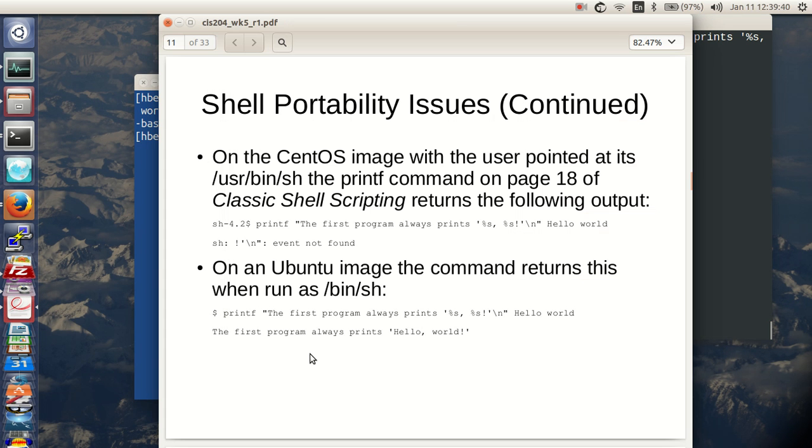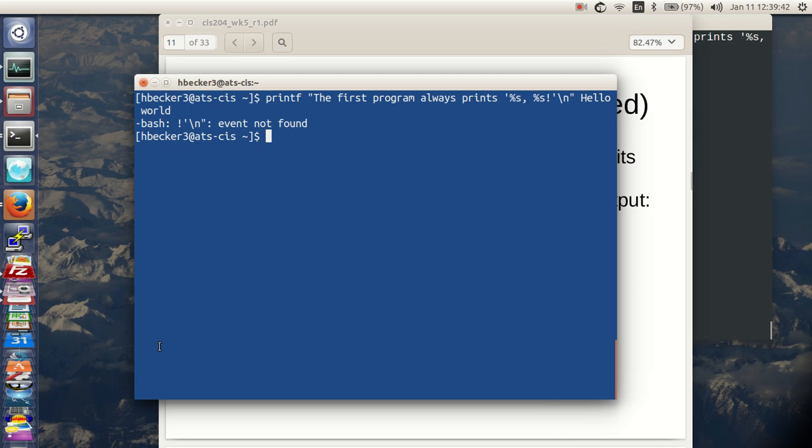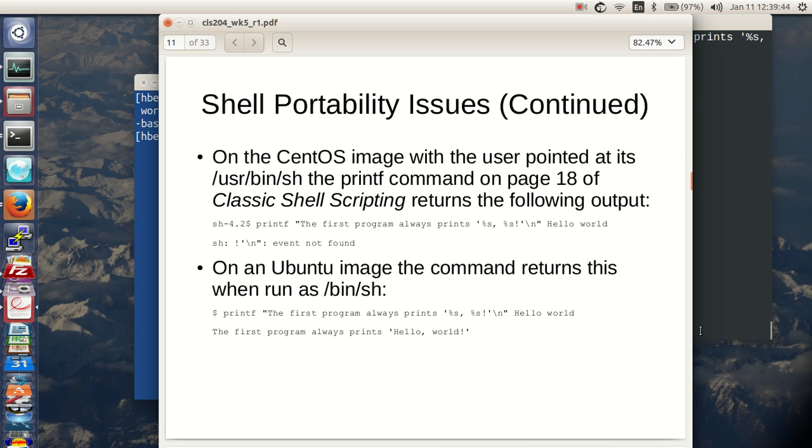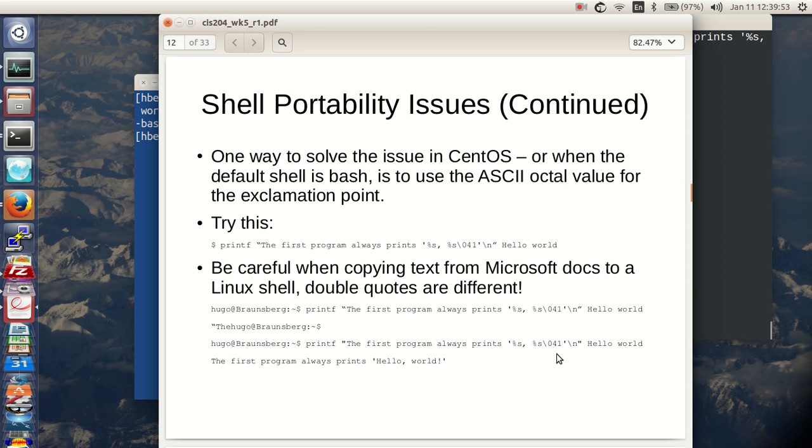There's a way around this, and it's kind of interesting. But we'll talk about that later. Actually, we'll talk about that now. So let me try this. What have I done?